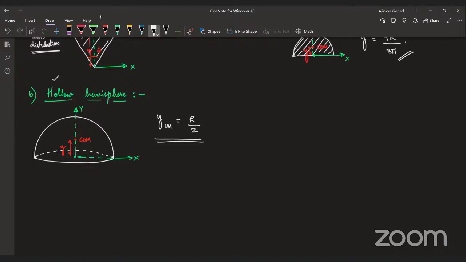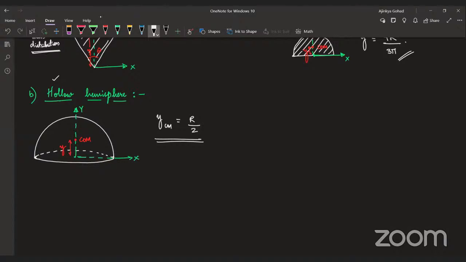You can consider a ring at an angle theta with the y-axis, and you can go on adding such rings on top of each other.